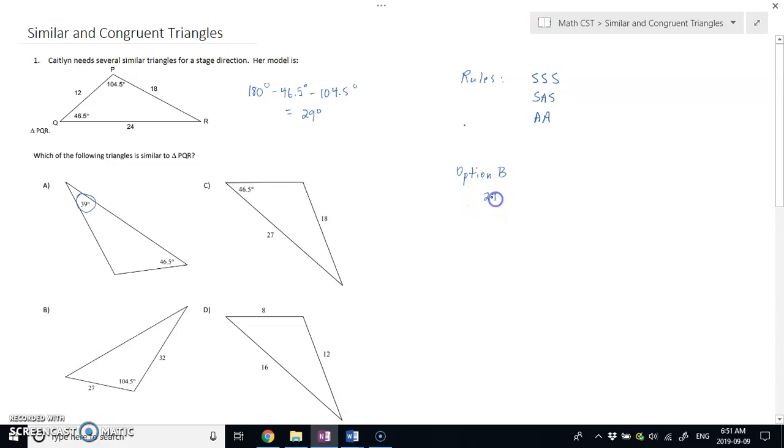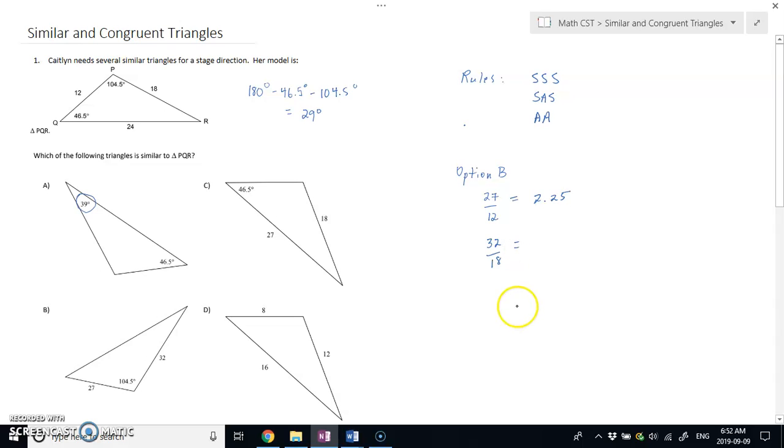And so what I'm going to do is do a ratio. So I'll take 27 divided by 12, because it's the short side compared to the short side. And when I do that, I get 2.25. If I compare now the 32 to the 18, let's see what we get.